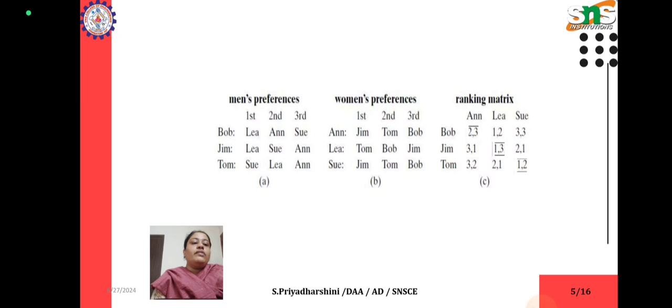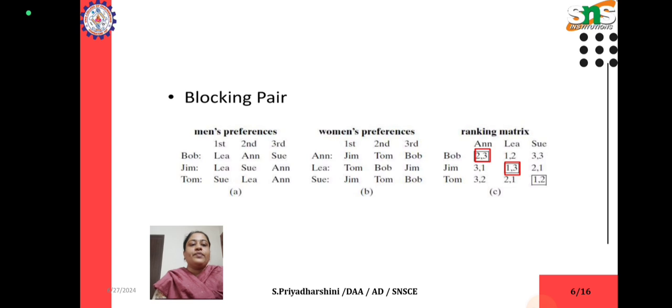So Bob, Jim and Tom, the men's preference, are given row wise, and Anne, Lee, Shu, the women's preference, are given column wise. Now, the first step is to form the ranking matrix. For Bob and Anne, we have to check the ranking.